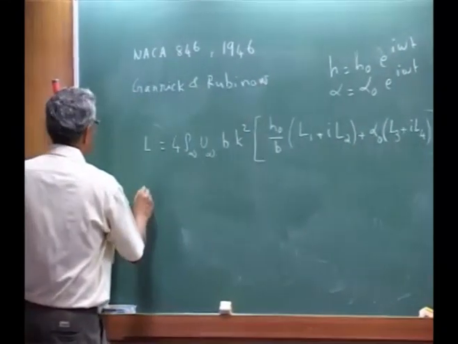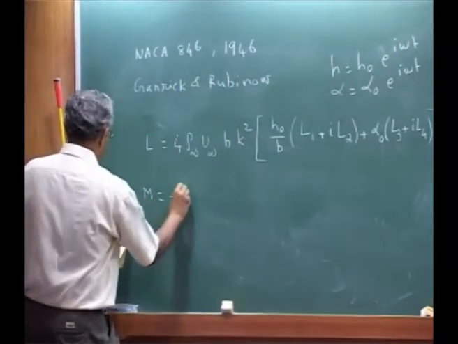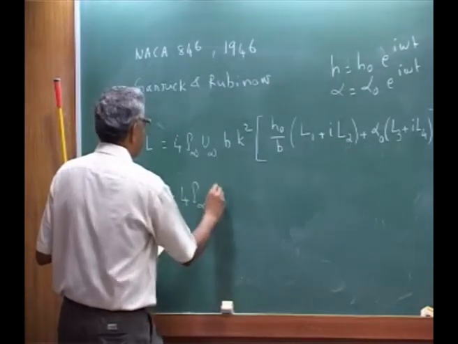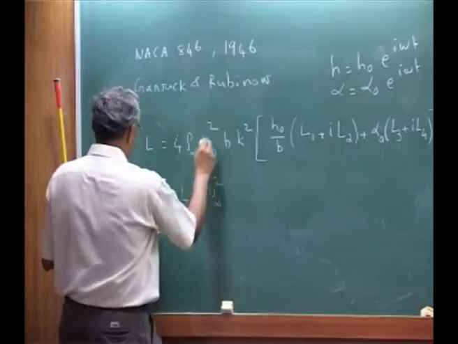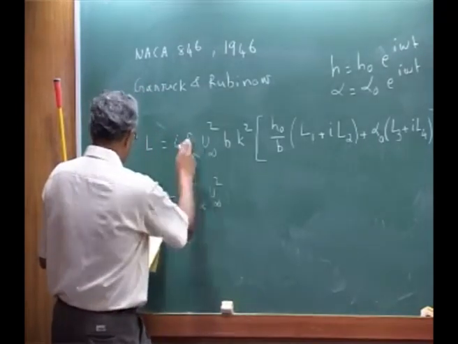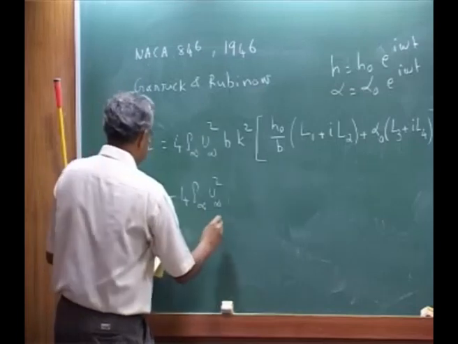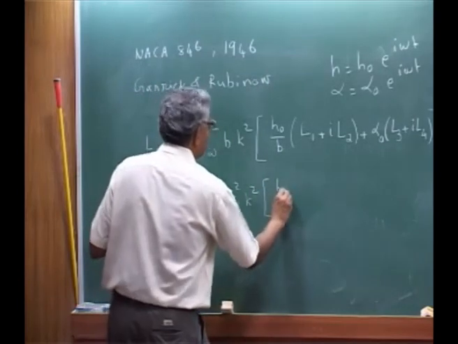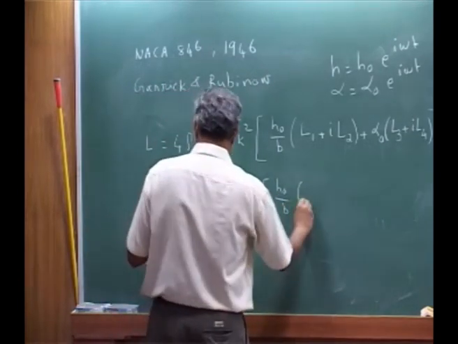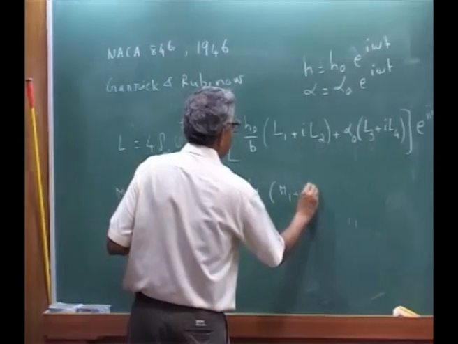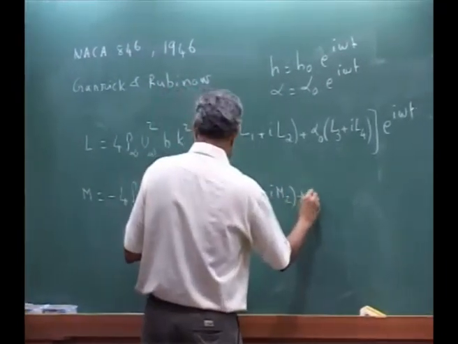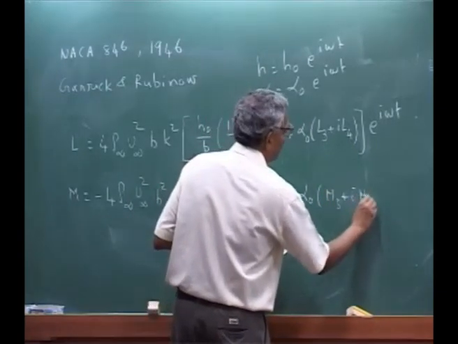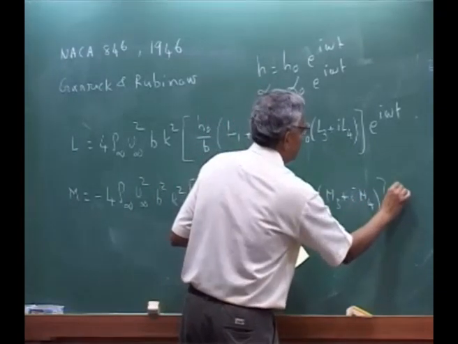Similarly, my moment expression is given as minus 4 rho infinity u infinity square, sorry, this is also square, I am sorry about that, 4 rho infinity u infinity square b square k square h naught over b plus alpha naught into m3 plus i m4 e power i omega t.